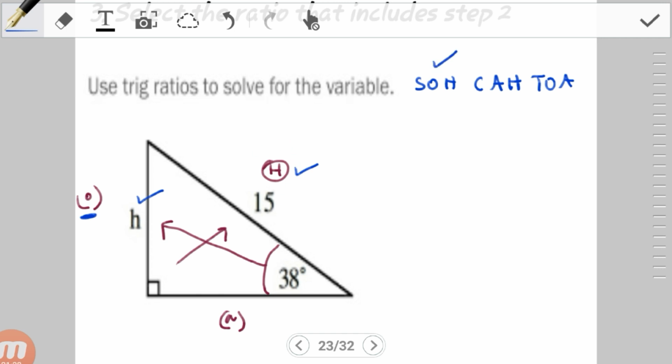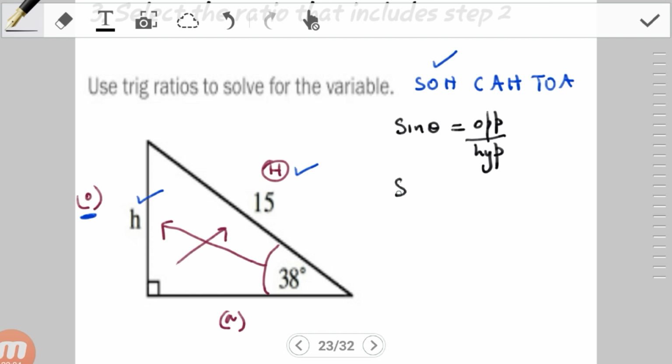Clearly, you can see that it is the sine ratio that involves the opposite side and the hypotenuse simultaneously. So that sends us into our calculation phase. Now we did state earlier that the sine of the angle is equivalent to the opposite side divided by the hypotenuse.